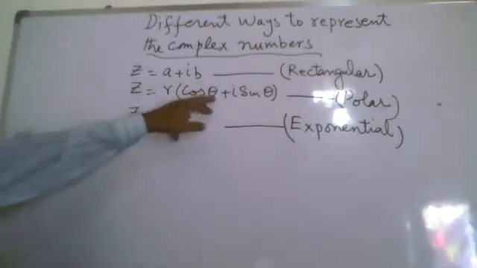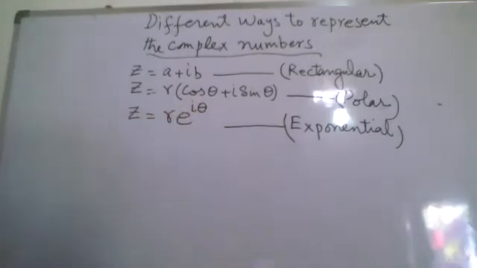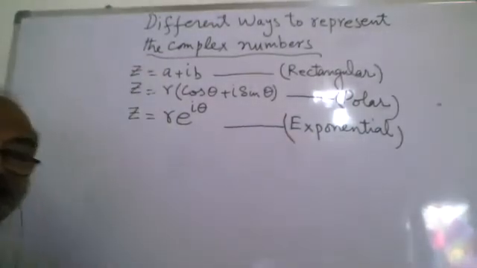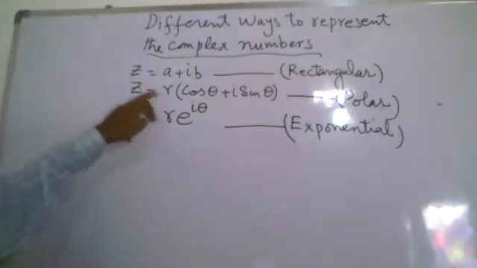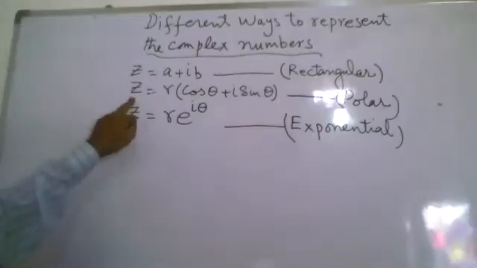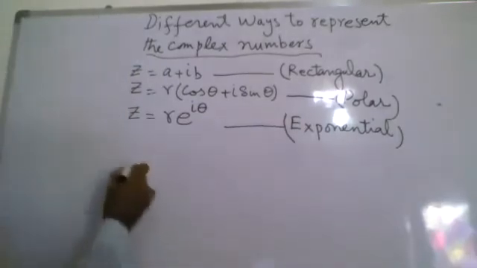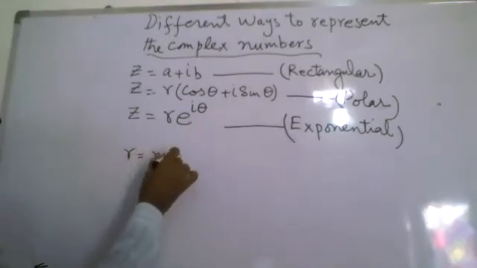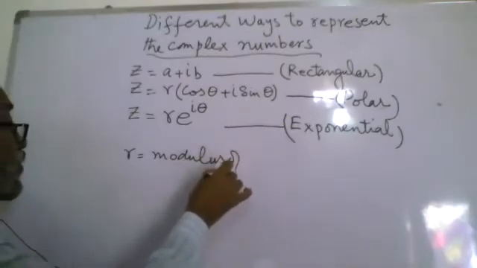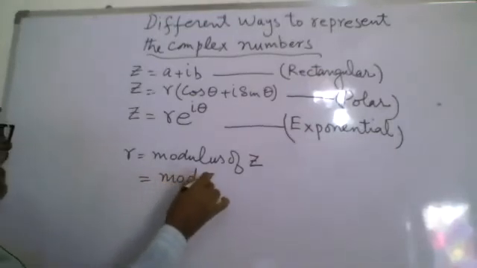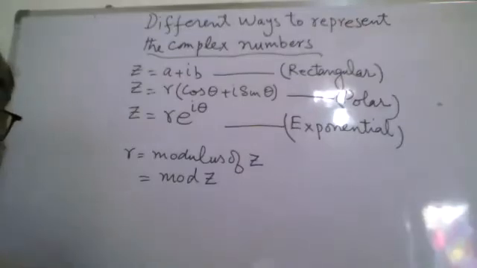There are two things, r and theta. In rectangular form, a and b are constants, but r and theta are two variables. r is called the modulus of z, generally we call it mod z. r is called the modulus of the complex number, the absolute value of the complex number.